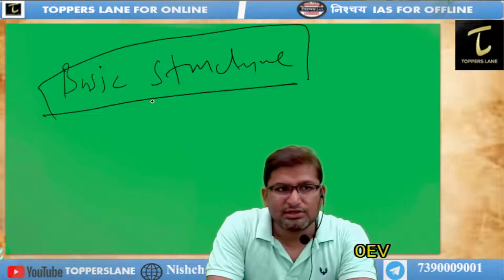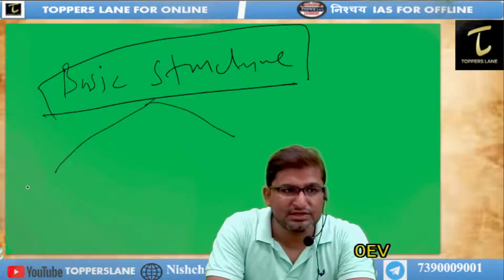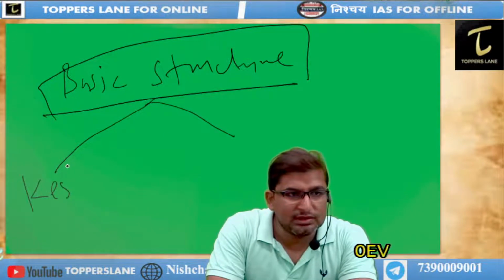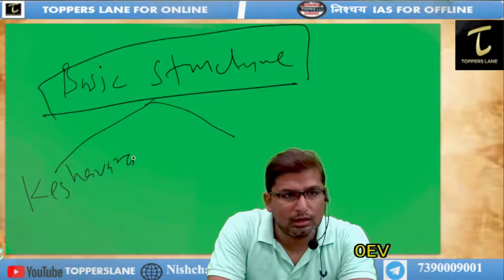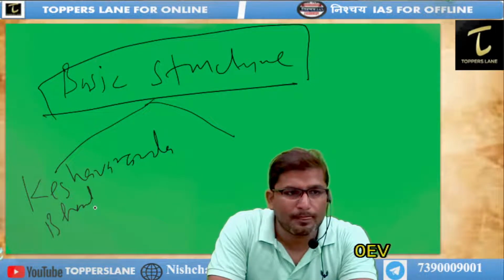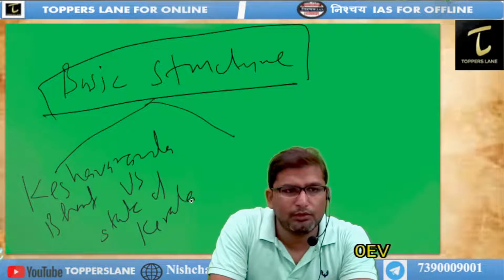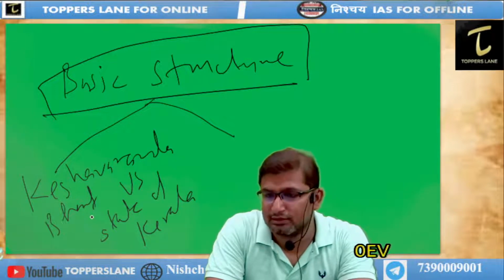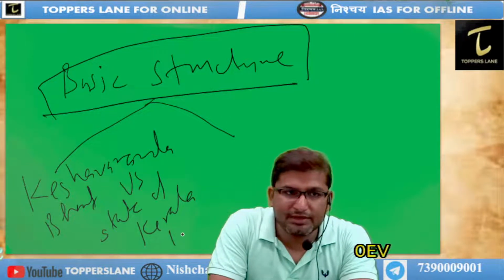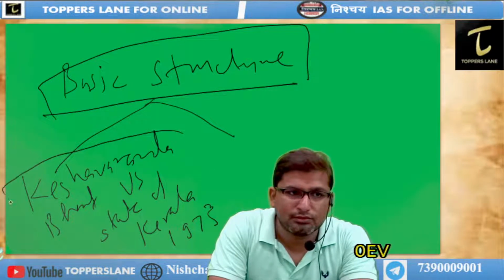Clear? Now what is the basic structure? You have to remember two things. First is the Kesavananda Bharati case, Kesavananda Bharati versus State of Kerala. Write it down. This case happened in 1973, so you'll have to remember the year also.